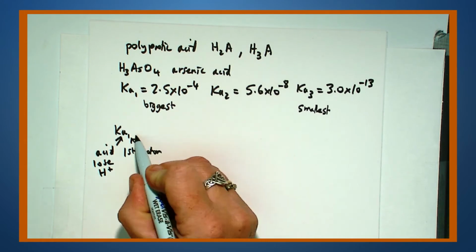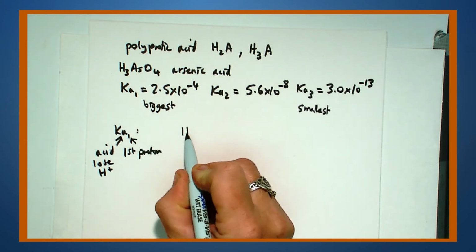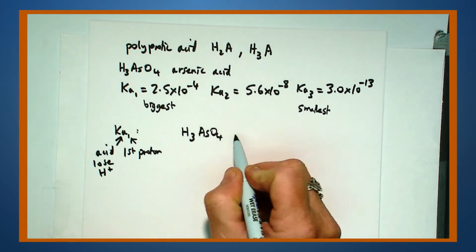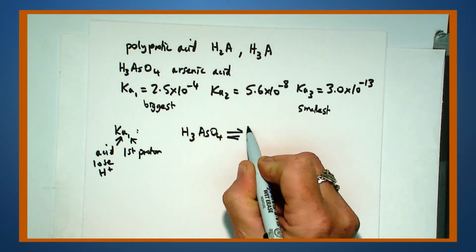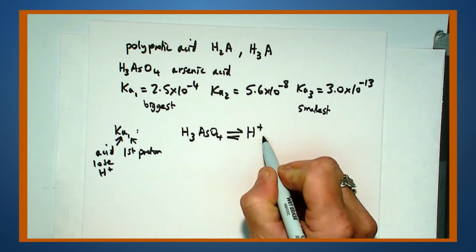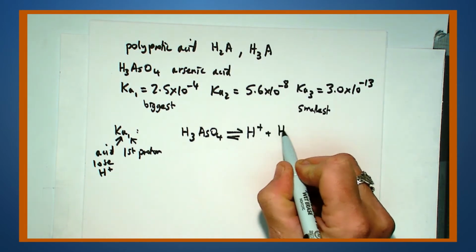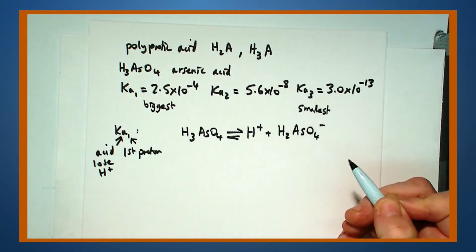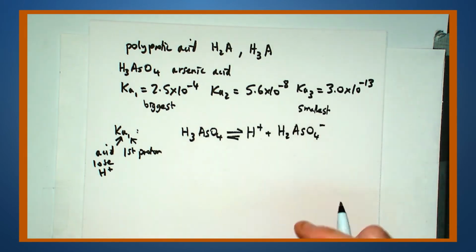So let's look at Ka1. Here's the reaction that goes along with it. We start off with the original acid, H3AsO4, and then we have our equilibrium. Here's the first proton lost. So now we have something that has lost one proton, H2AsO4 minus. Everything's going to be aqueous in this.